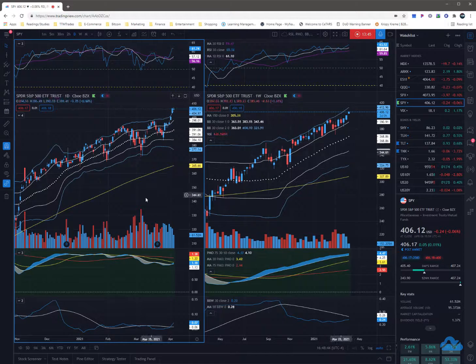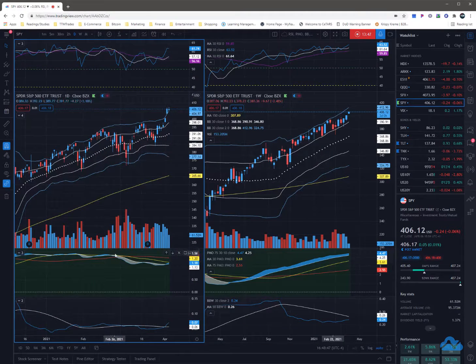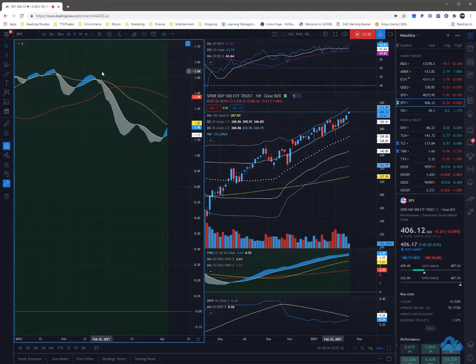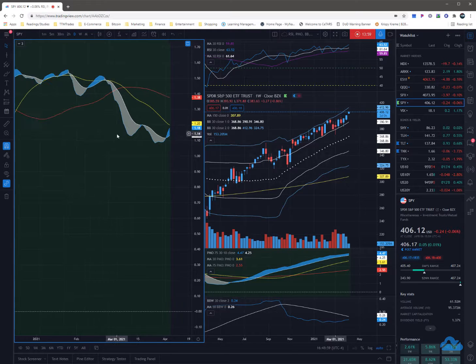Oh, one last thing I did want to point out, even though on the daily we did have this monstrous rally here, the PMO, which has crossed over, is not back above its short-term and long-term averages.